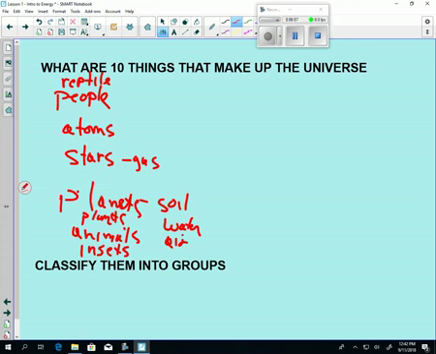When you look up here, what the heck is light, right? What else do we have that helps us function in the world? Electricity. You can't see it. You can see the results of it, right?